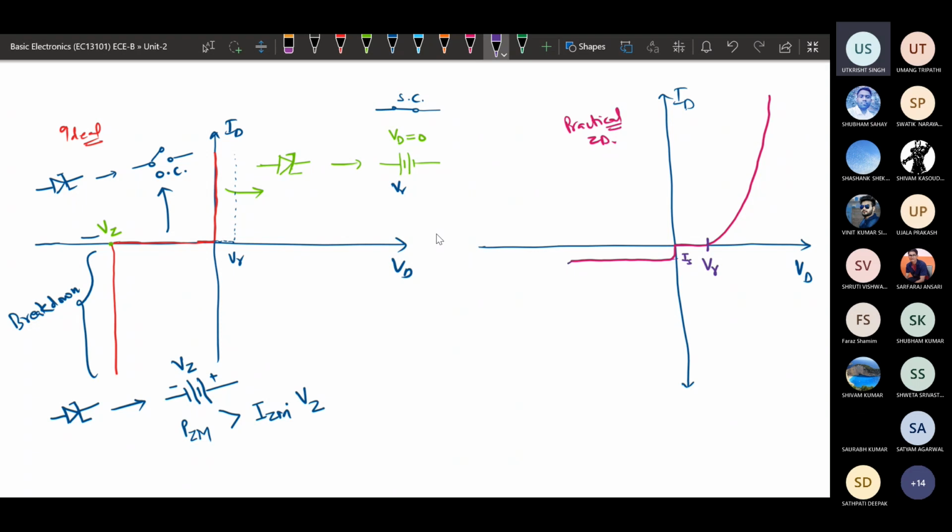Then there will be a sudden increase in the current. Okay, there will be a sudden increase in the current. That increase will not be to a maximum, but it will go to a maximum value in this way.